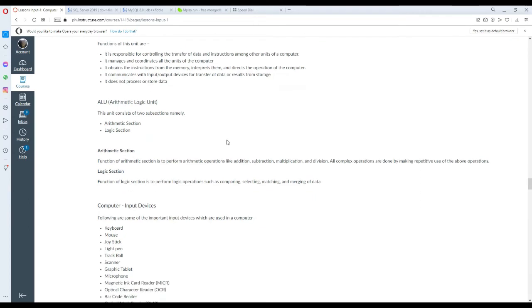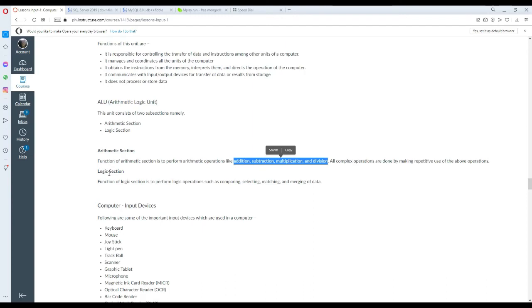We also have the ALU, or arithmetic and logic unit. The arithmetic section provides processes for arithmetic operations and complex operations done by making repetitive use of the above operations.